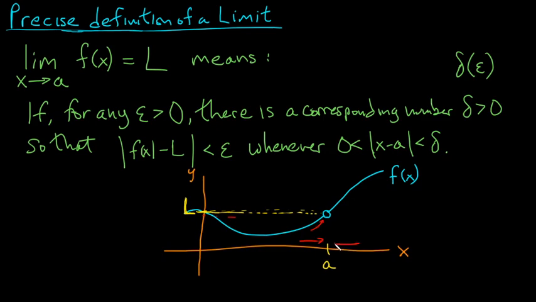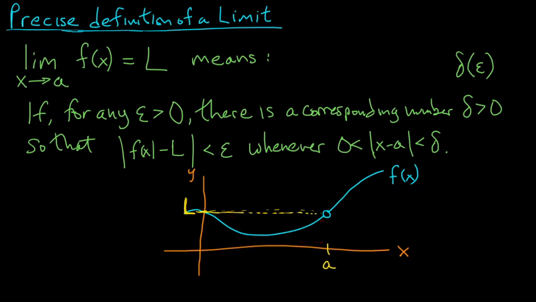From the right side, if x is approaching a, then the y coordinates, the f of x, these values are approaching L. They may never get there, but you can get as close as you want. So that's the informal idea of a limit. It's what we've been talking about earlier.